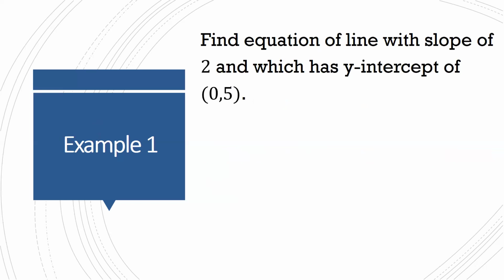Let's do an example. So let's say we want to find the equation of a line with slope of 2 and which has y-intercept (0, 5). Now, this is maybe the easiest scenario because I'm given the slope and the point on the line is already the y-intercept.